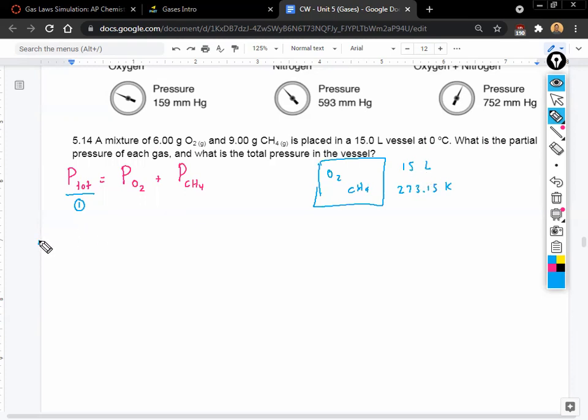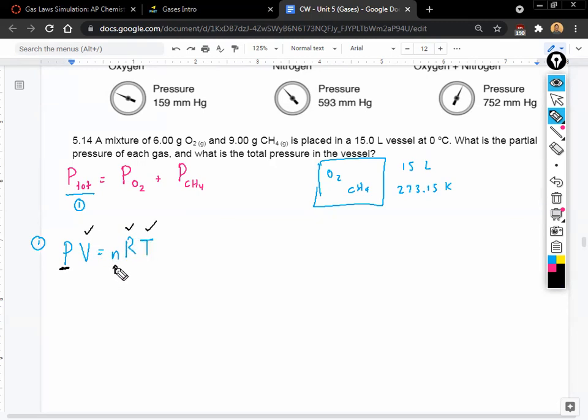So in order to find total pressure, what we have to do is we need to use the ideal gas law, PV equals nRT. Okay. So we have volume right here. We have 15. We have temperature right here, and we're looking for pressure. And obviously we can find R because it's a constant.